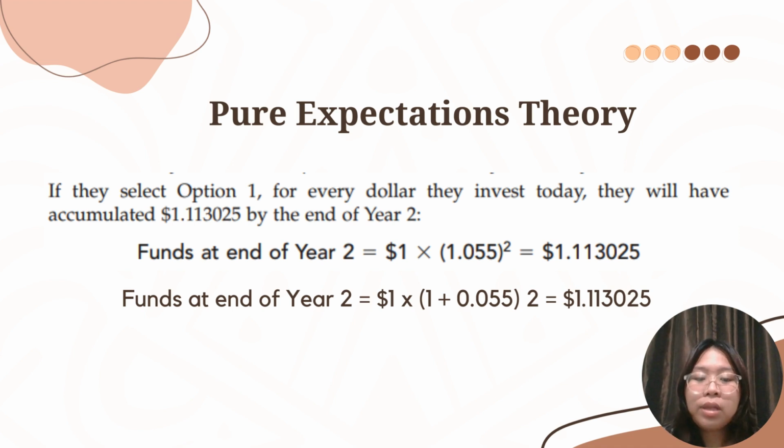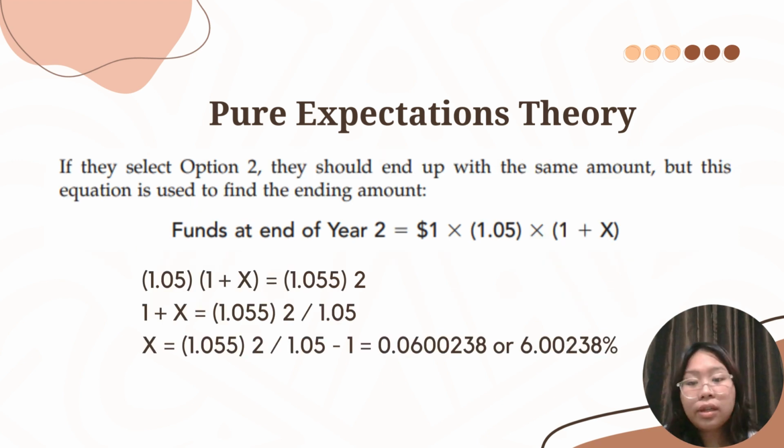The answer will be $1.113025. If they selected option two, they should end up at the same amount, but this equation is used to find the ending amount.